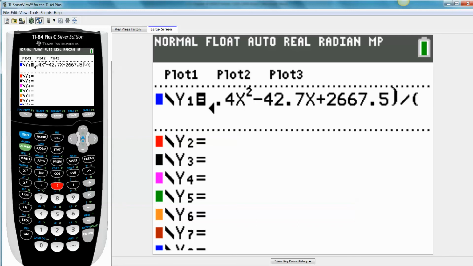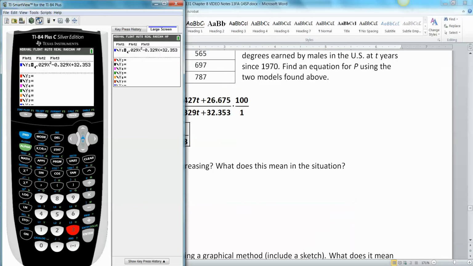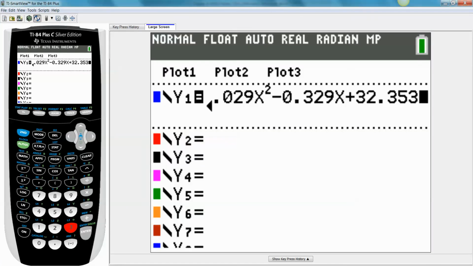Left parentheses, and then type everything else. So that's the old school way to do it. Let me type it up one second. There we go. I've got it all typed up. And then you would close your parentheses over there, right? So that's how you have to do it the old school way.